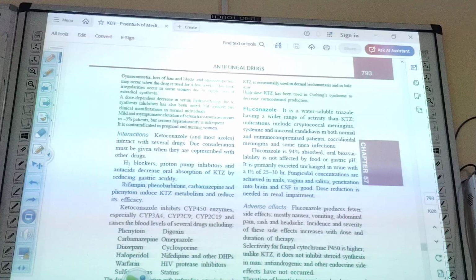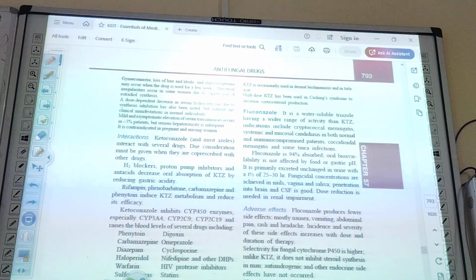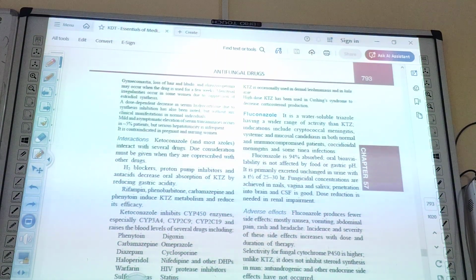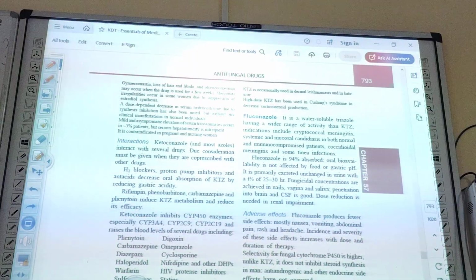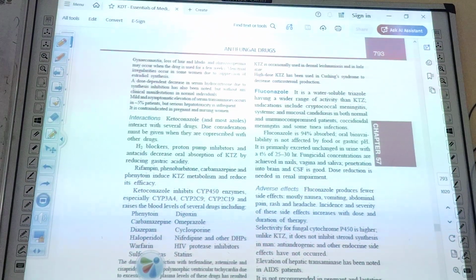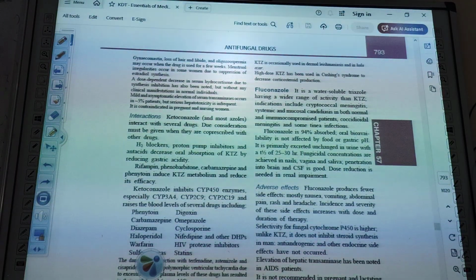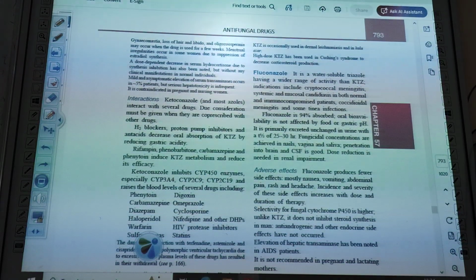Finally, we discuss fluconazole. It is most important from your examination point of view. You write anything or not, but you should write about fluconazole. This is the most important antifungal drug. It is a water soluble triazole, having a wider range of activity than ketoconazole.